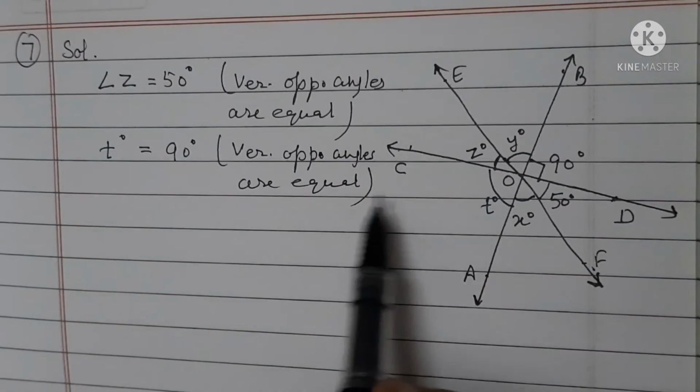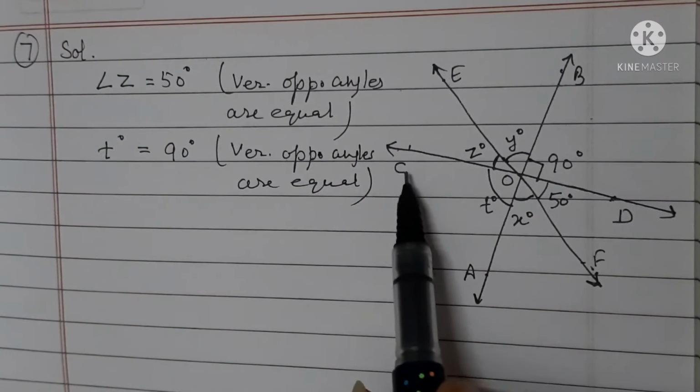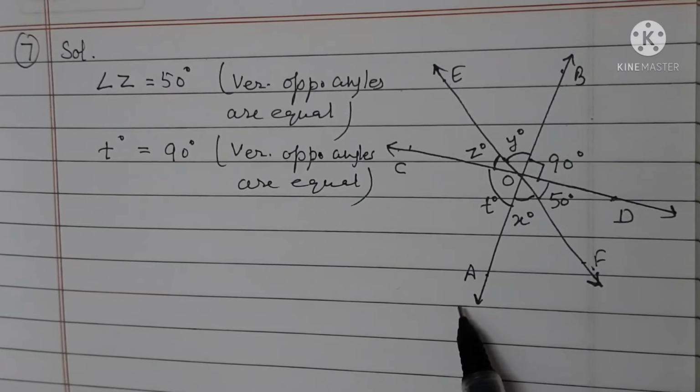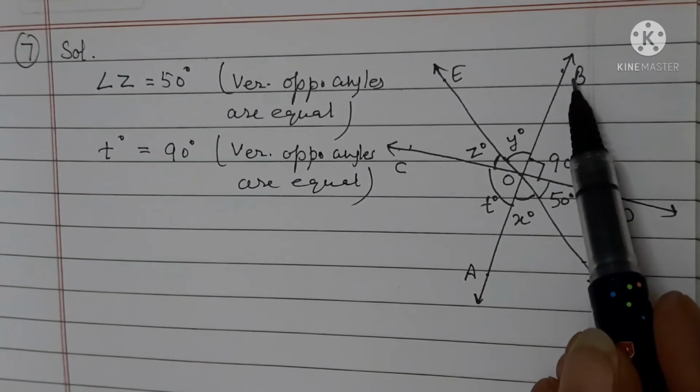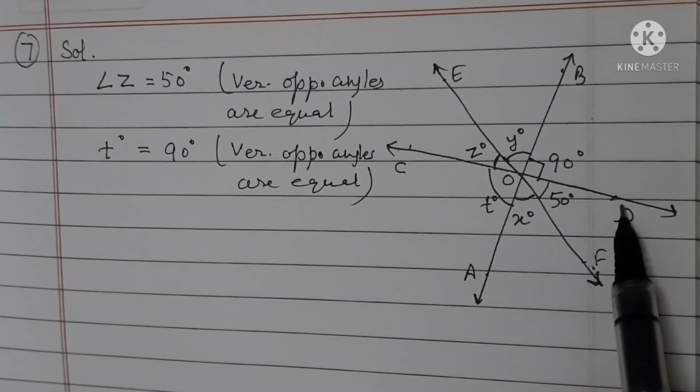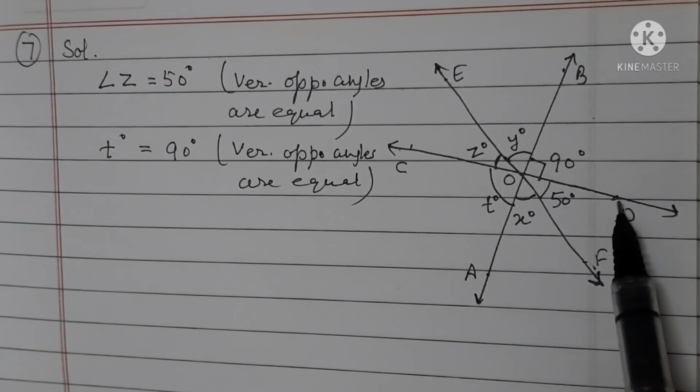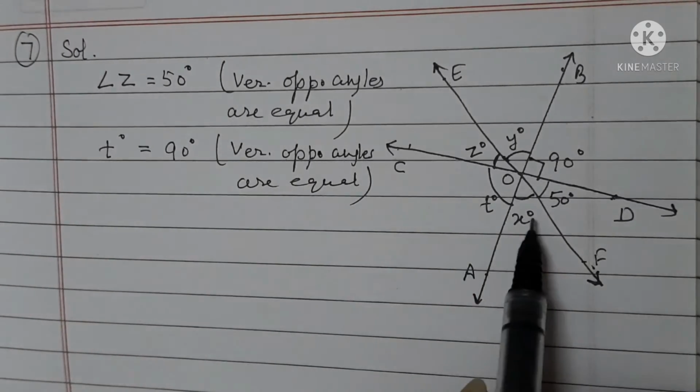You can give the name also, which is T. T is angle COA and it is equal to angle BOD. Now these two angles you have found.